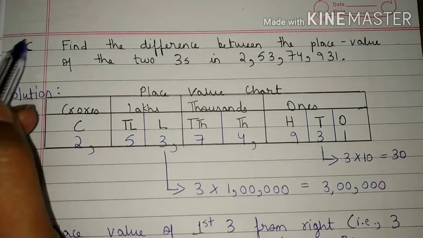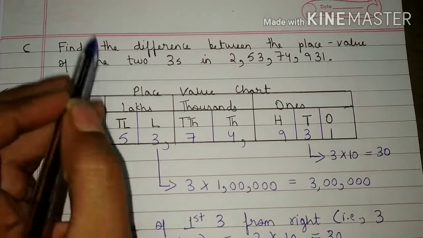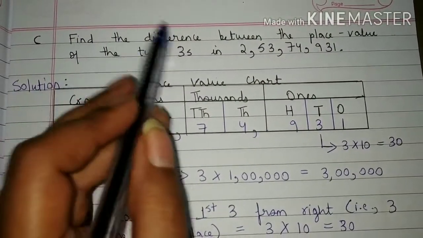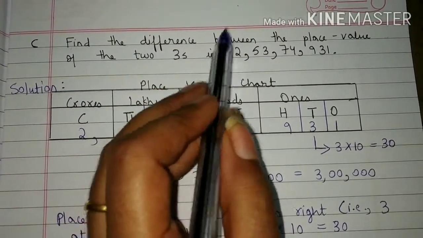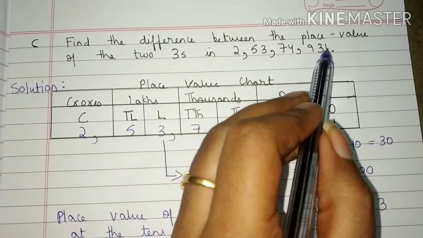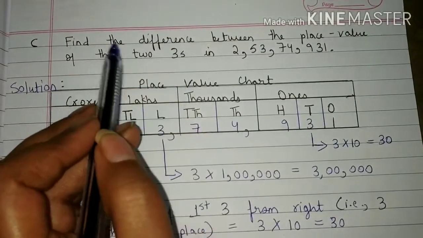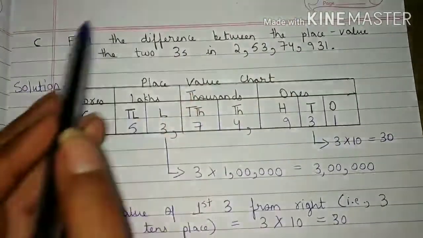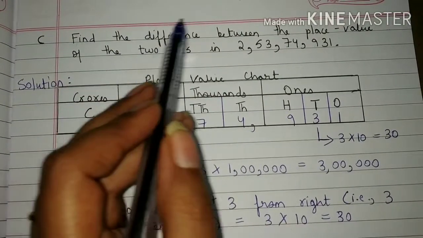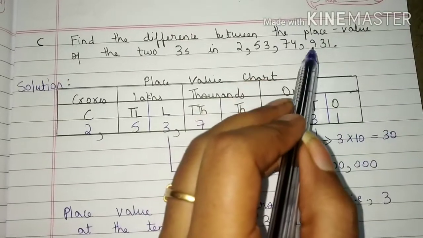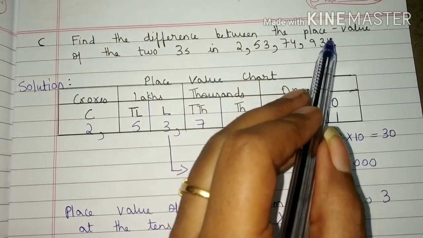Students, here's question C. Find the difference between the place value of the two threes in 2 crore 53 lakh 74,931. Students, in this question, you have to find the difference between the place value of the two threes in 2 crore 53 lakh 74,931.